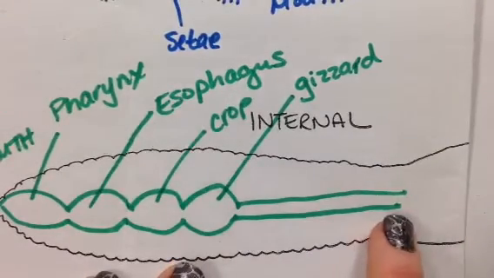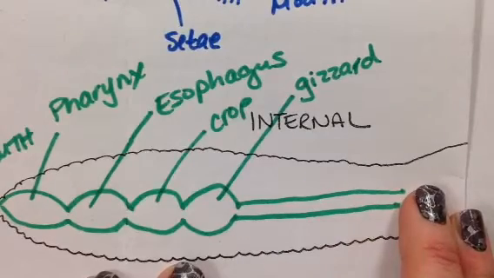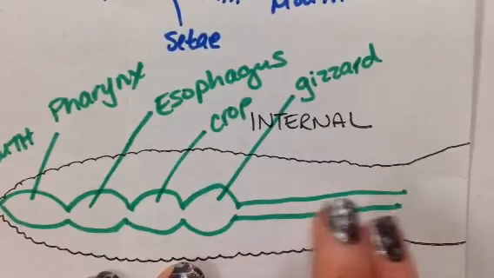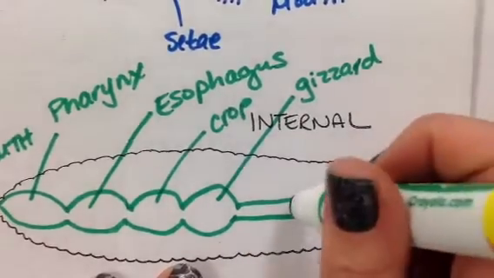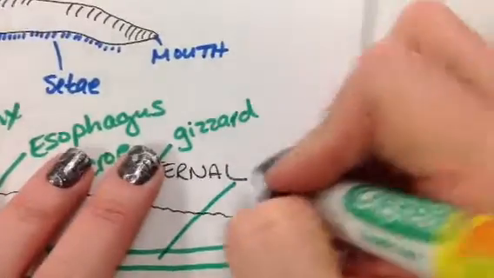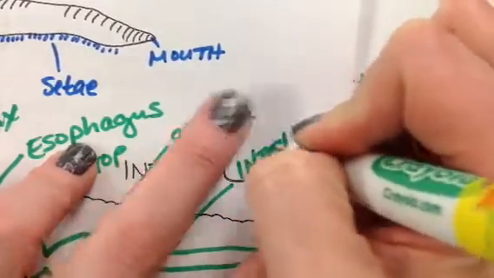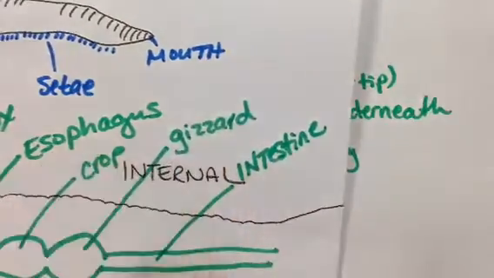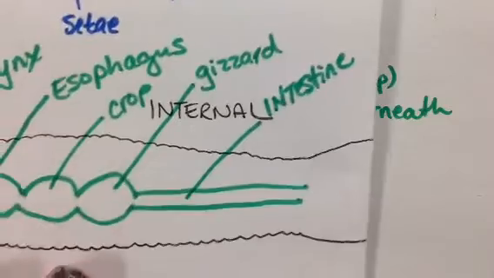And then our tube, which you can see I stopped drawing, it does continue, like I said, all the way down to the exiting at the anus at the other end, but for our purposes, just know that it continues. This is indeed the intestine, which is the last thing in the digestive system, at least that we're going to focus on right now. All right, so nutrients are absorbed here. This is the tube.